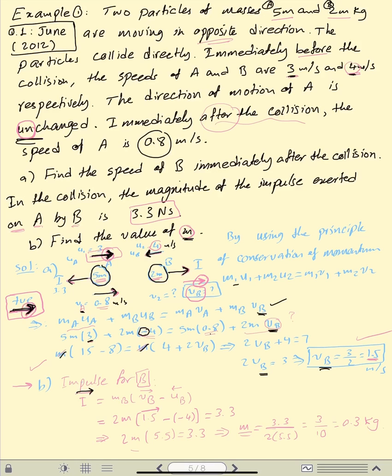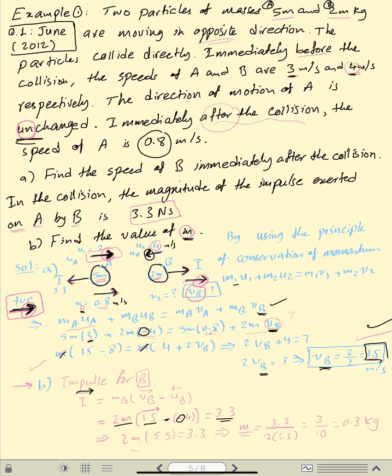The mass of the particle B is 2m, times 1.5 that we had just found, which is the speed of the particle after the collision, this is VB, minus UB, which is negative 4. Dear students, be careful with the signs. It is equal to the impulse, 3.3. Why? Because V now is positive after we found it, so it's in this direction.